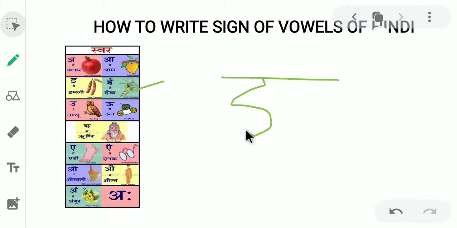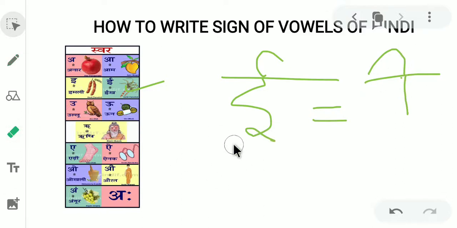Now this is big E. So if you have to write the sign of big E, you can write it like this, and here it is like this. It is the sign of big E. Okay, I'm going to erase it.